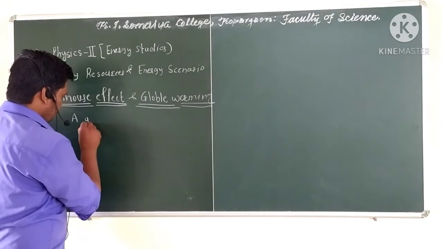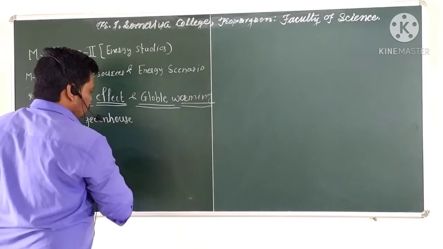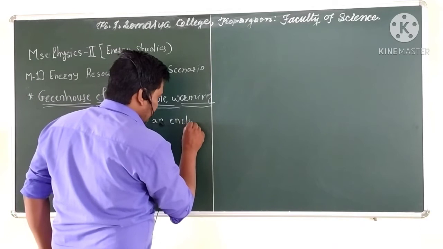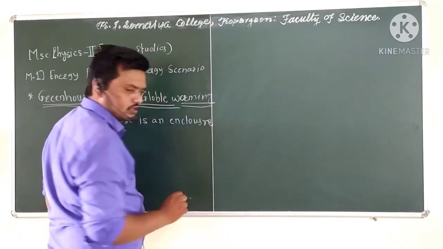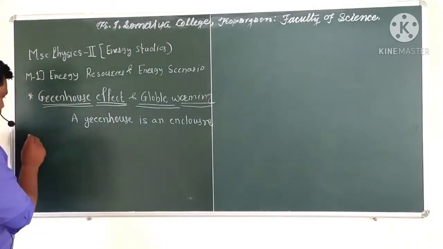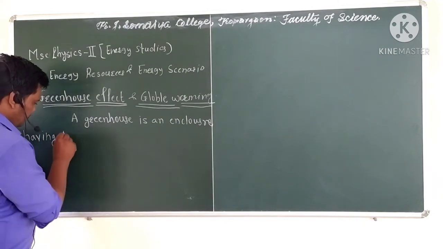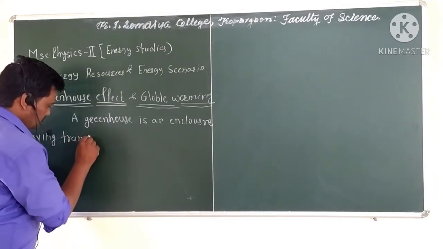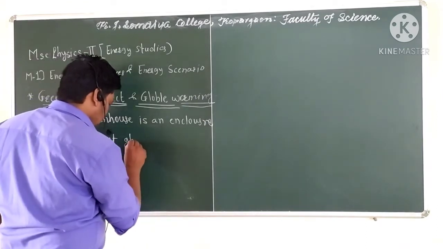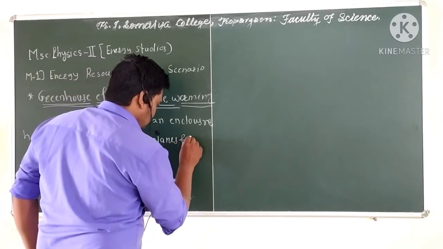A greenhouse is an enclosure having transparent glass panes and sheets.